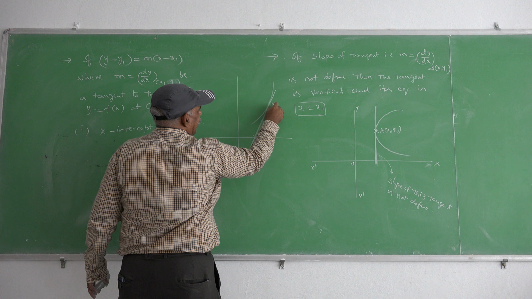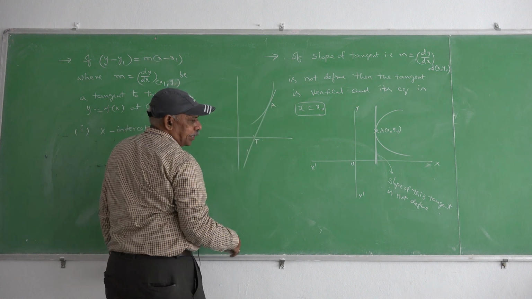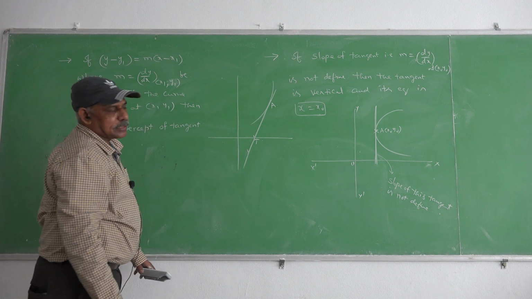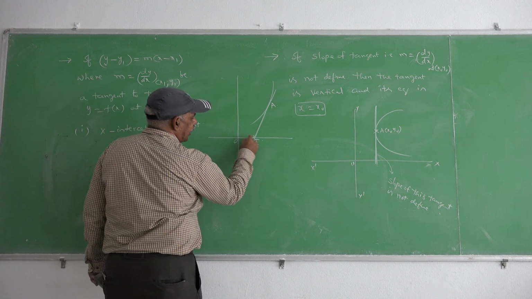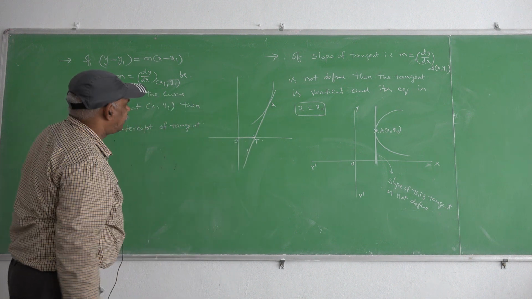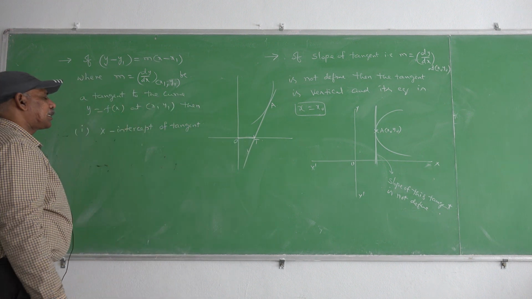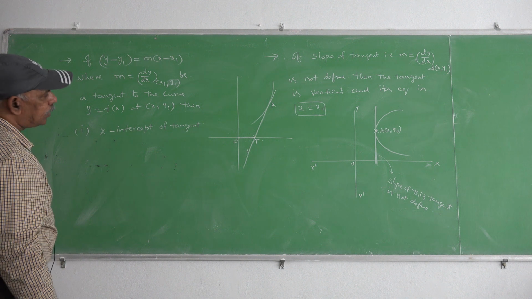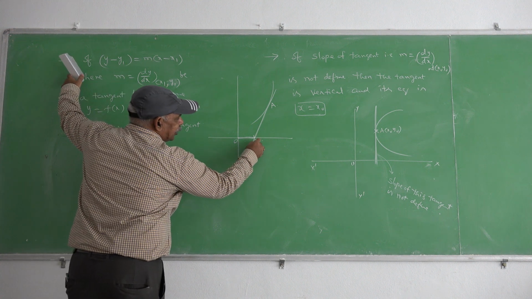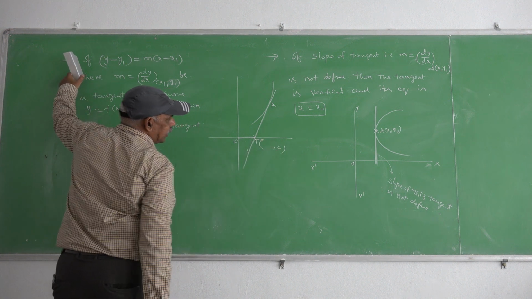So this is the point A and this is the point T. Suppose the tangent drawn to the curve at A meets the x-axis at T. This OT is the x-intercept. So the x-intercept of the tangent is obtained for y equal to 0. At this point the y coordinate is clearly 0.